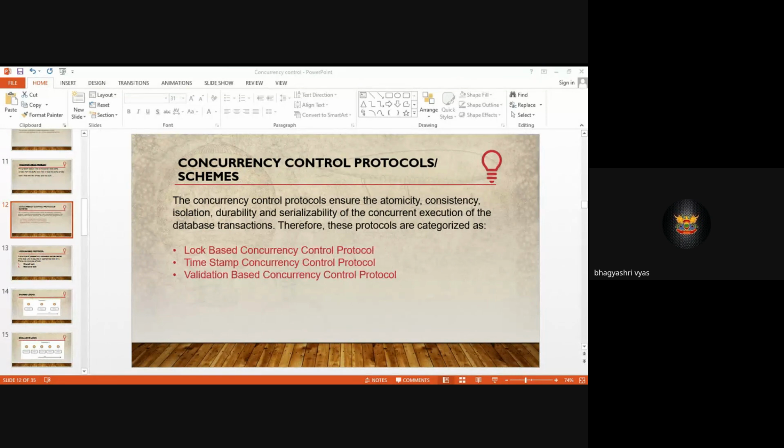Various data objects means we are performing operations on various database tuples, right? So a transaction is a logical unit. If I'm saying a transaction is happening, it means some logical operation is being performed at the user end or the client end, right?